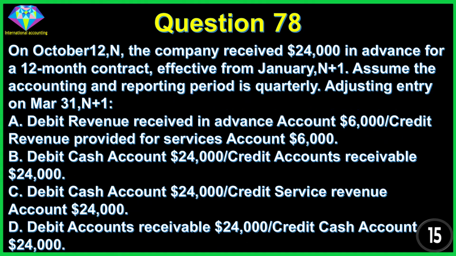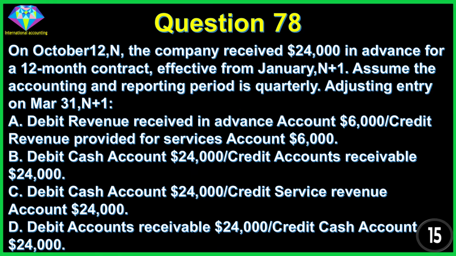On October 12, the company received $24,000 in advance for a 12-month contract, effective from January N+1. Assume the accounting and reporting period is quarterly. Adjusting entry on March 31, N+1. A. Debit revenue received in advance account $6,000 per credit revenue provided for services account $6,000. B. Debit cash account $24,000 per credit accounts receivable $24,000.